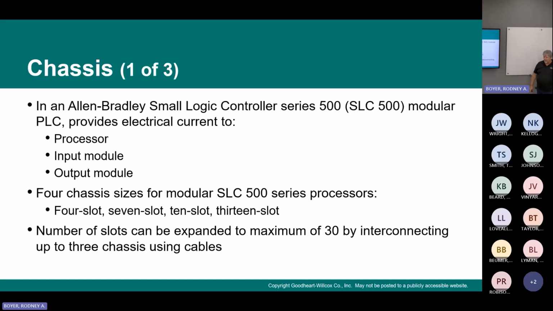Number of slots can be expanded to a maximum of 30 by interconnecting up to 3 chassis using cables. That's for SLC. On the MicroLogix, you can have a maximum of 7 expansion cards. Try to put the 8th one on there, it doesn't work.